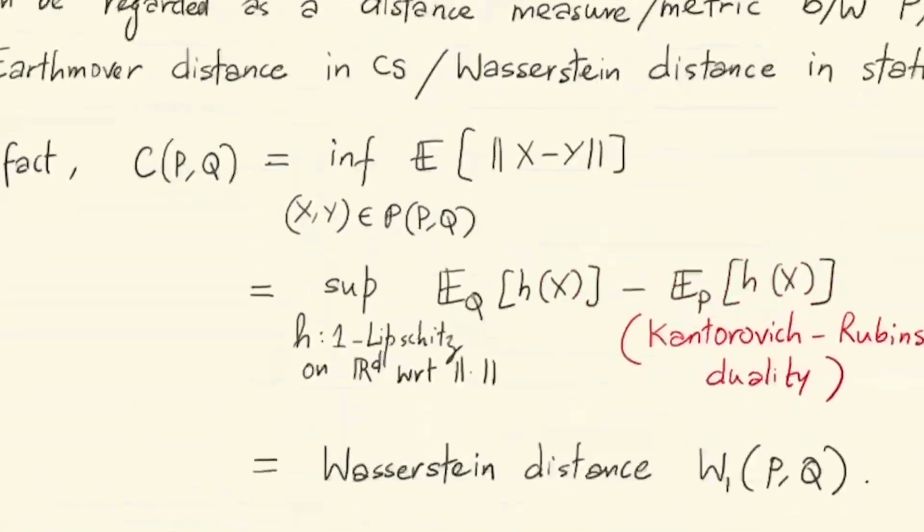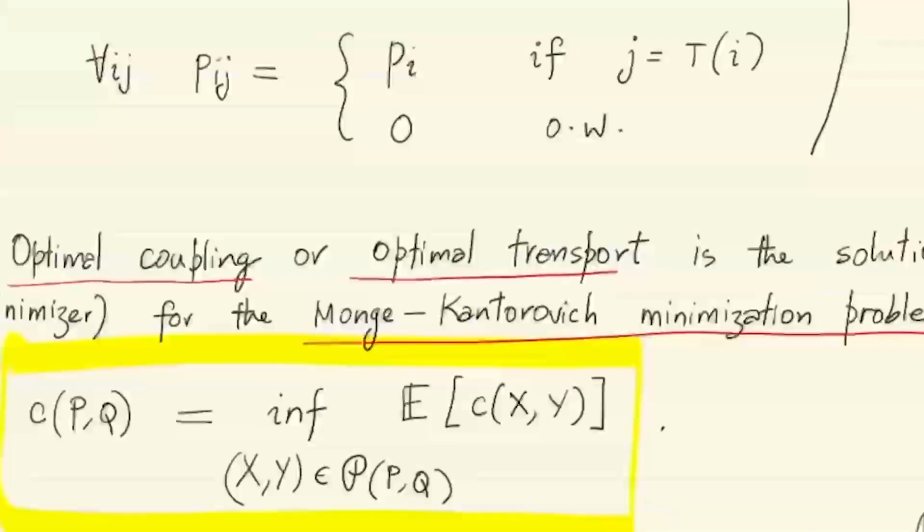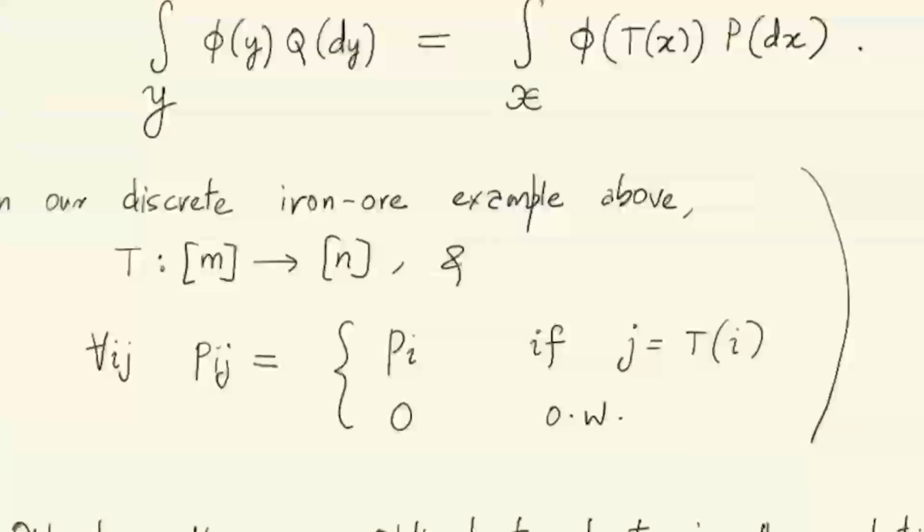Okay. So just a side note, the Kantorovich-Rubinstein duality at the simplest level essentially says that the solution of a certain infimization problem can also be represented as the solution of a certain supremization or maximization problem. And one of the simplest ways of seeing this is in the discrete setting.